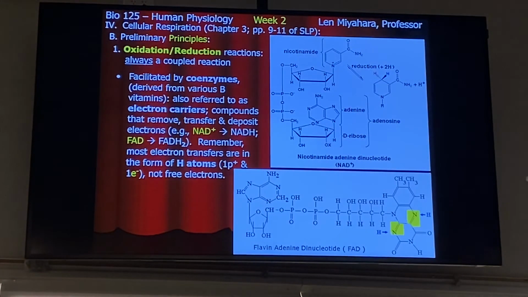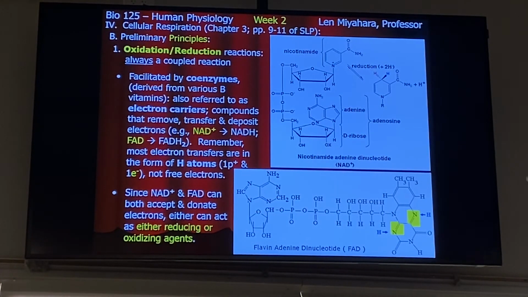In our cells, this is going to be accomplished by dinucleotides. I think these also have ribose as well. ATP is a single, but these are double.